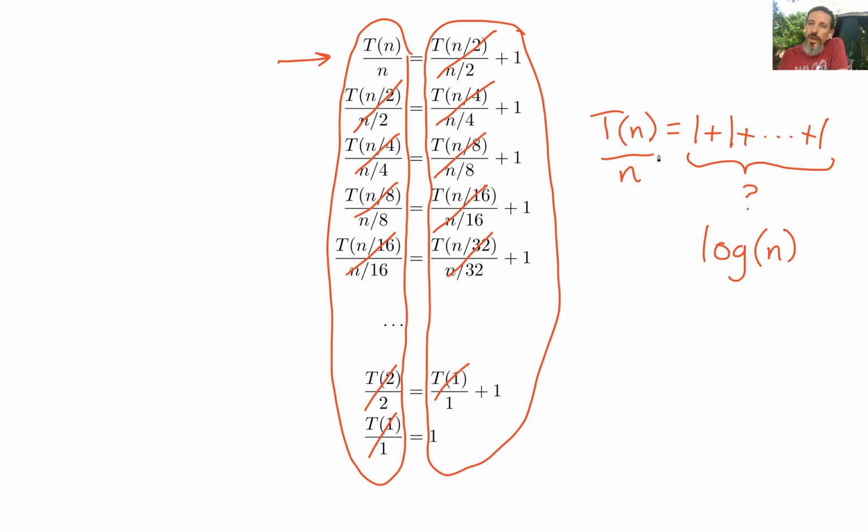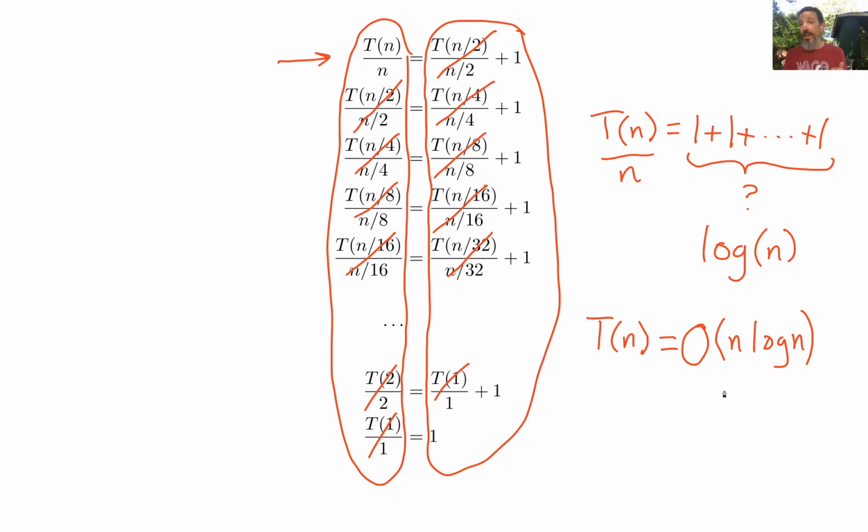So we have T of n over n is equal to log n. And that gives us T of n is equal to, in a big O sense, n times log of n. And that's our analysis for merge sort.